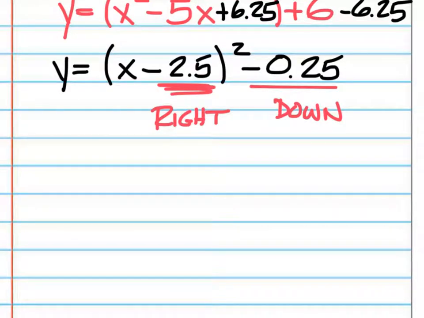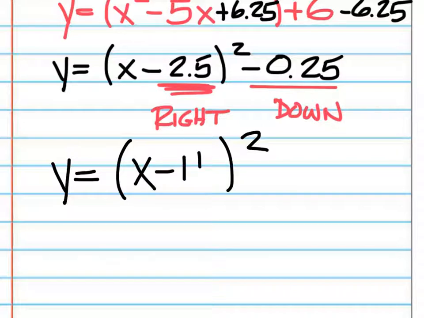2.5 goes to the right because the general form of a completed square equation is the quantity squared of x minus h, and then a plus k on the outside. Since this is a minus sign in here, that means by default this value of h is just a positive h, and that's what you're taking out.